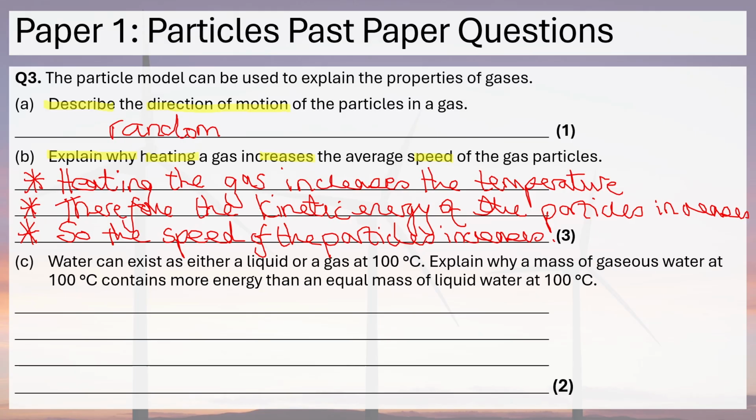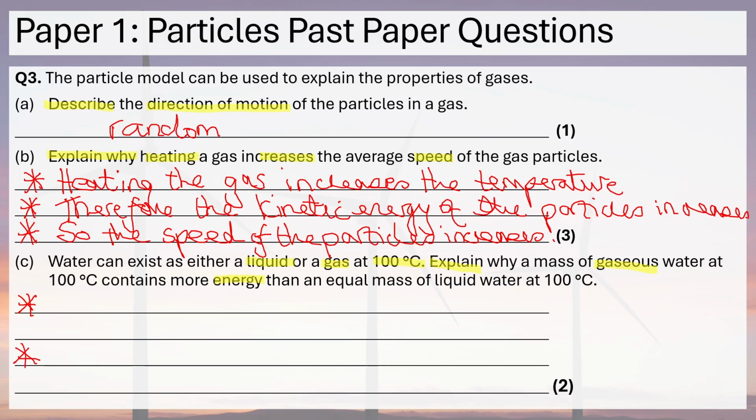Part C, water can exist either as a liquid or a gas at 100 Celsius. So this is this idea that because it's the boiling point, it can either be water about to boil or water vapour that's just boiled. And what they're asking us to do is explain why the gaseous water has more energy. I don't think, again, that conceptually that's difficult. We sort of know that anything which is a gas is going to have more energy.